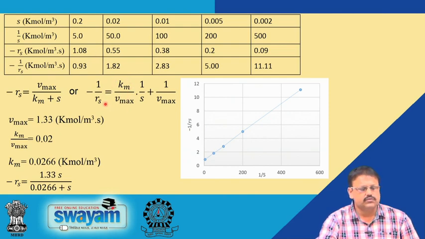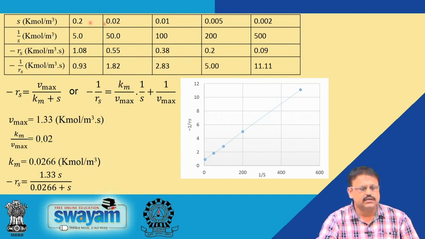In this equation, if we take 1 by Rs, the reaction rate, on the y axis and 1 by S on the x axis, we get a straight line. From the slope we get Km by Vmax, and from the intercept 1 by Vmax. From there we can calculate the Michaelis-Menten constants Vmax and Km.